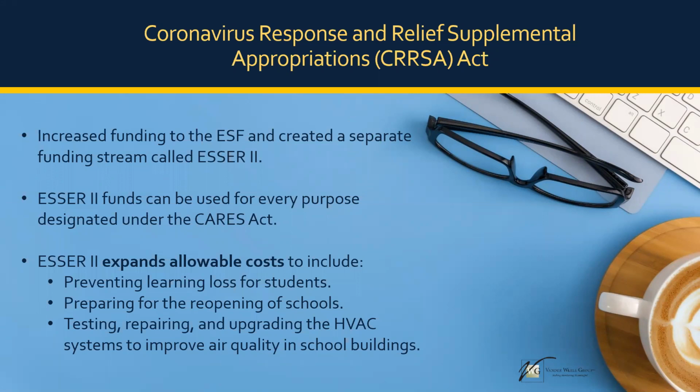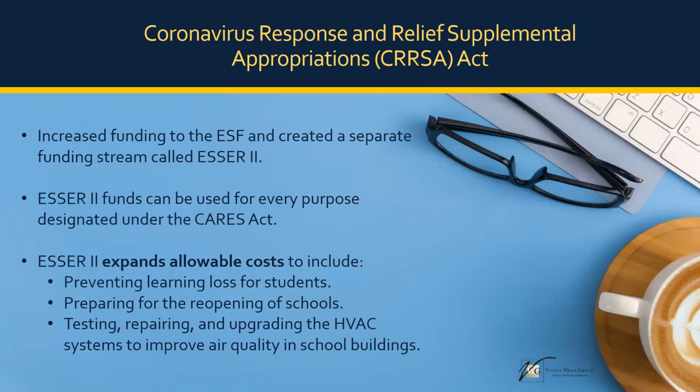It covered all of the existing allowable costs that were designated in ESSER 1, and then it expanded it by including a few things: funding to prevent learning loss for students, preparing for the reopening of schools, and one of the bigger ones was allowing funds to be used for testing, repairing, and upgrading the HVAC systems to improve air quality in school buildings. It's very rare for federal funds to be able to be used for these kinds of capital expenses. So it is especially important to note that HVAC systems are now an allowable cost with the school's federal dollars.